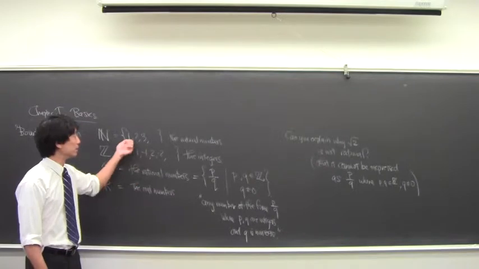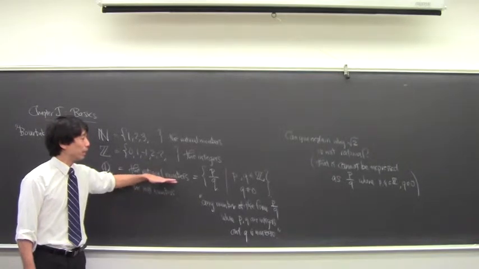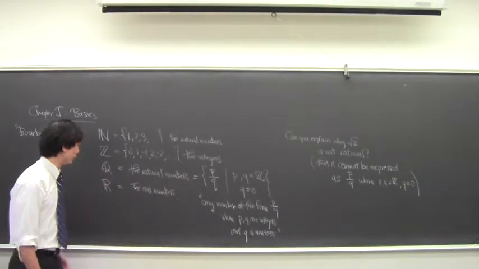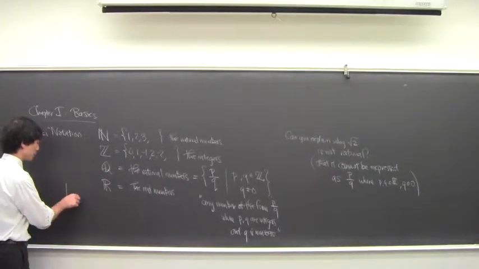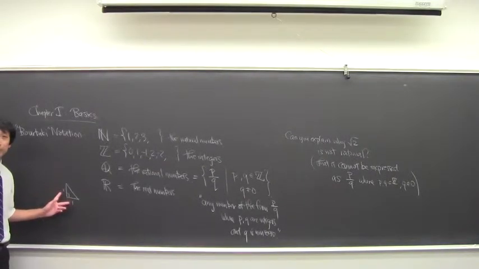A number is these things 1, 2, 3, and ratios of them. And then at some point they started asking questions. If you have a right triangle, and both of the side lengths are 1, well then what's the length of the hypotenuse?